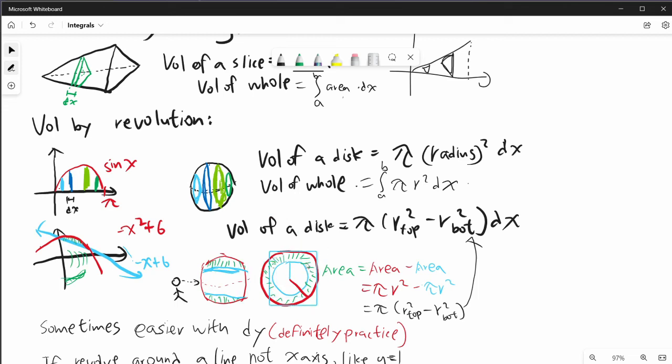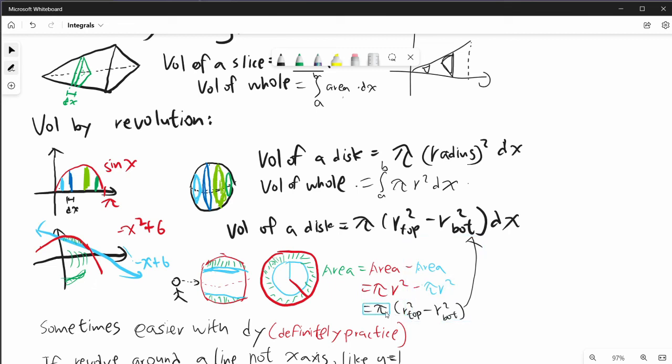So this is a clearer view of the cross-sectional area, where it is very easy to calculate this washer shape. The area of the green, which we're interested in, would just be the red area minus the blue area, which is pi r squared for red minus pi r squared for blue.